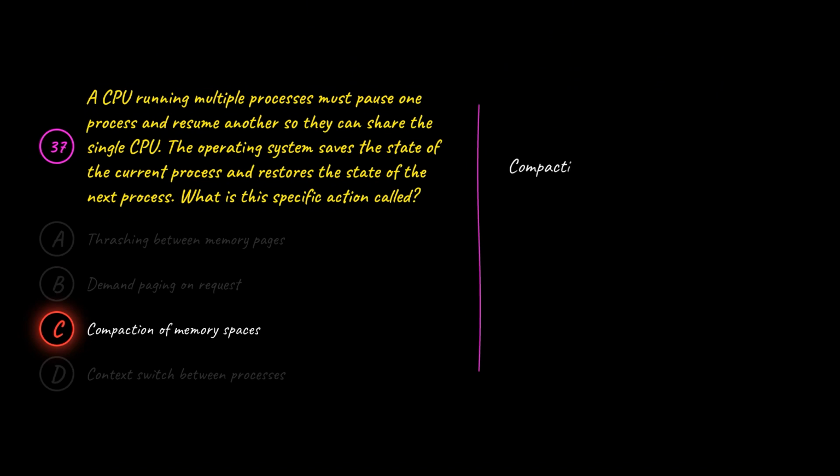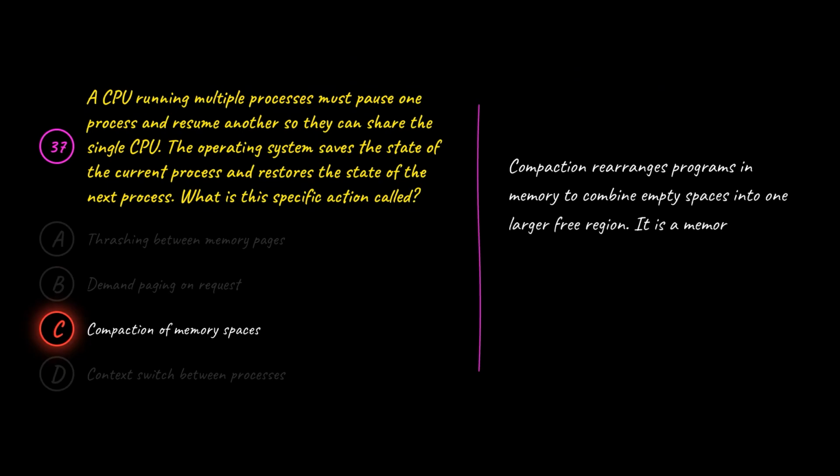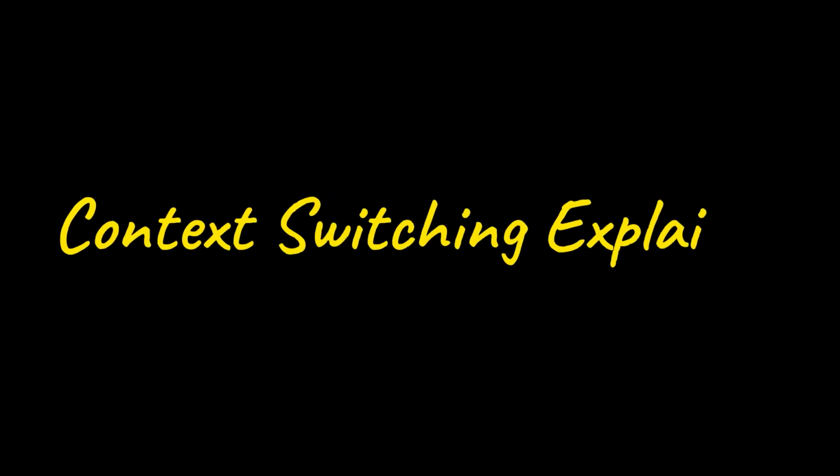C is wrong because compaction rearranges programs in memory to combine empty spaces into one larger free region. It is a memory management technique for addressing fragmentation, not a CPU state management action for sharing the CPU between processes. A context switch is how an operating system shares a single processor among many processes.